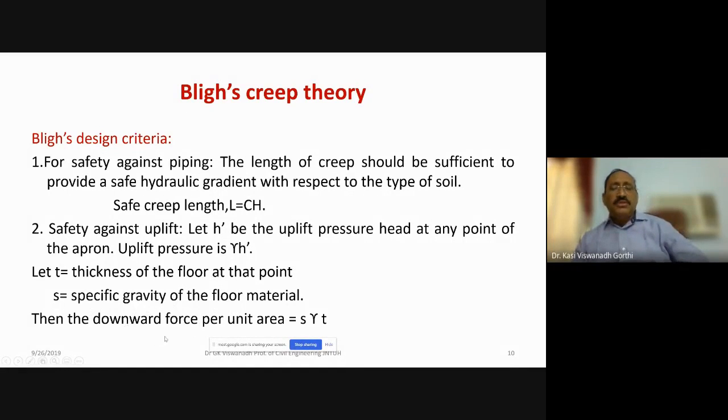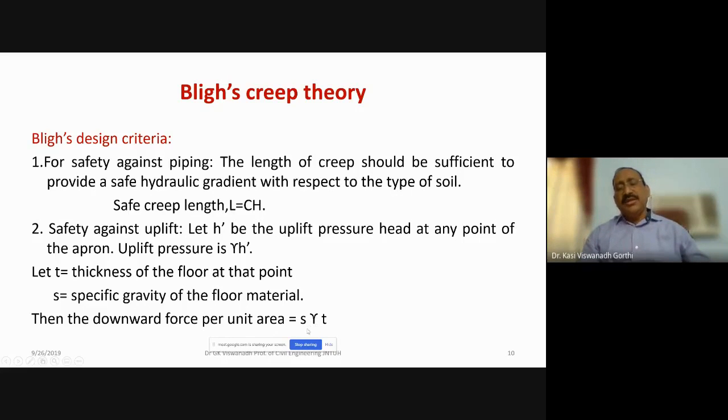The downward force per unit area would be equal to the self weight multiplied by unit weight of that material. Self weight per unit area multiplied by thickness T gives you the total volume, into the unit weight of that material which is used, maybe a concrete material, will be equal to S into gamma. S is the specific gravity and gamma is the unit weight of water.